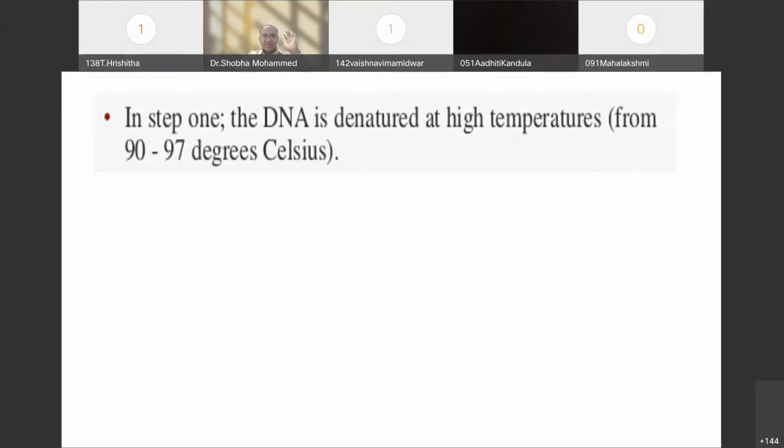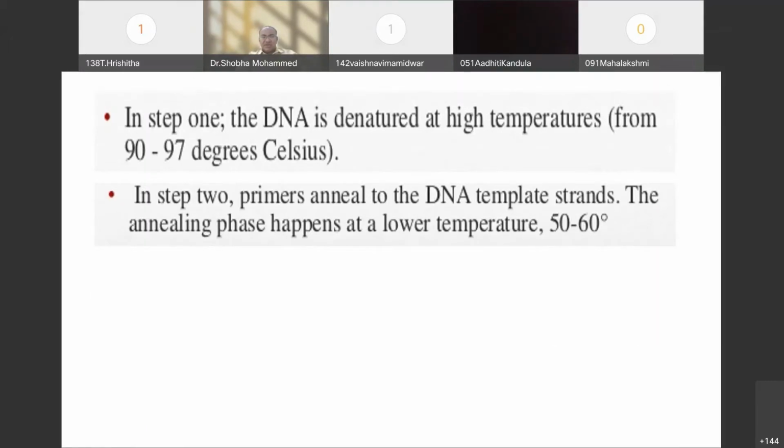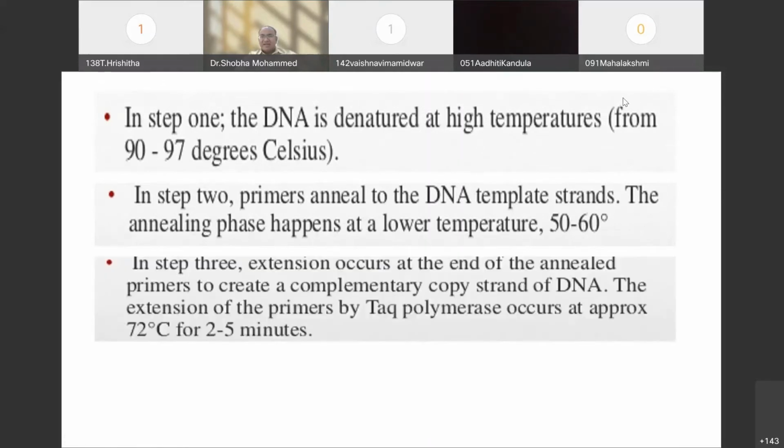Next, we have step 2. What is the main important point of step 2? It is nothing but the primers. The primers are the analytes on the DNA template sample.